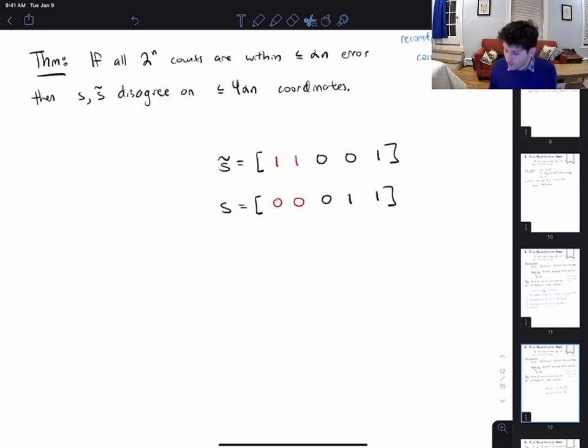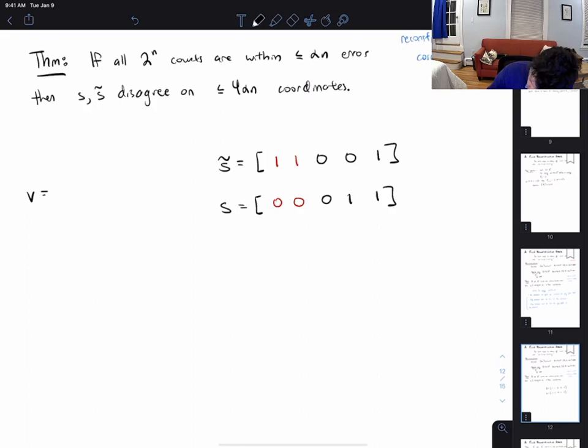I want to claim that there's some query that will tell us that S tilde is a bad choice for the vector S, and therefore will not be what we choose by the reconstruction.